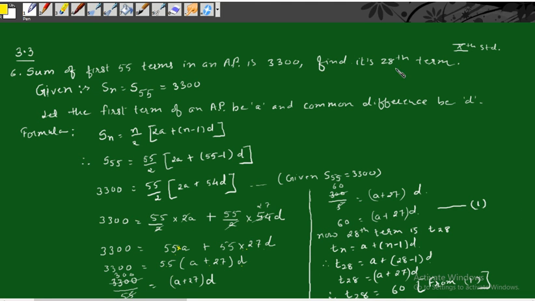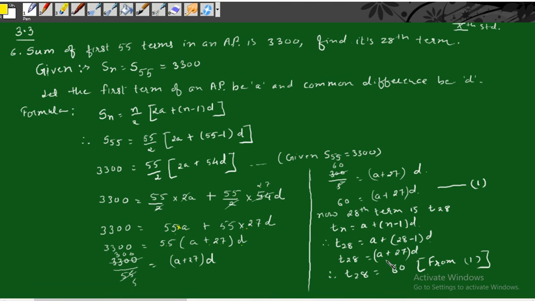Now we have to find the 28th term. Okay, so for that Tn is equal to A plus n minus 1 D. Okay, in this formula we will put the value of n, that is 28. So T28 is equal to A plus 28 minus 1 D. So T28 is A plus 27D.